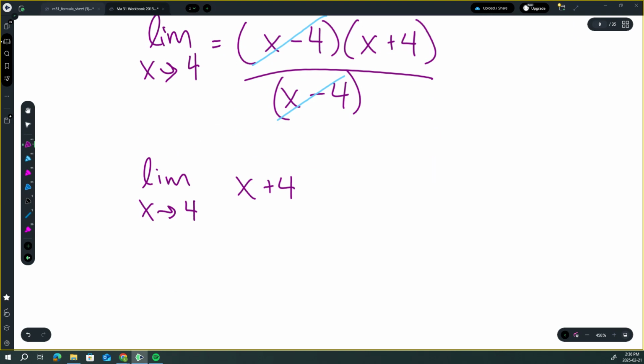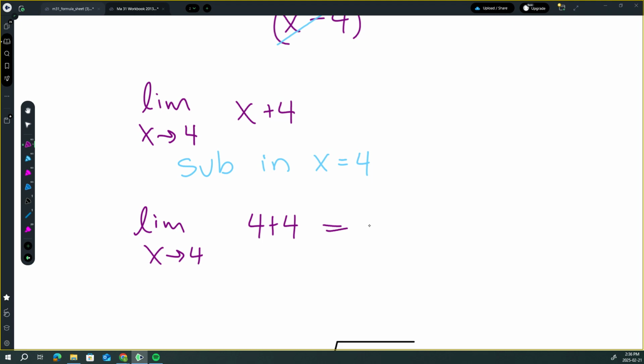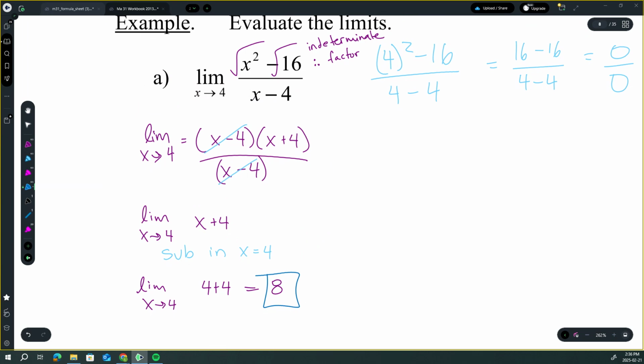Now we can substitute in: 4 plus 4, which we know is 8. And that's our final answer. That's how you would evaluate the limit for this function.